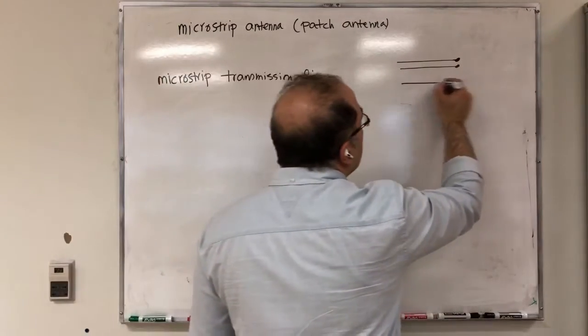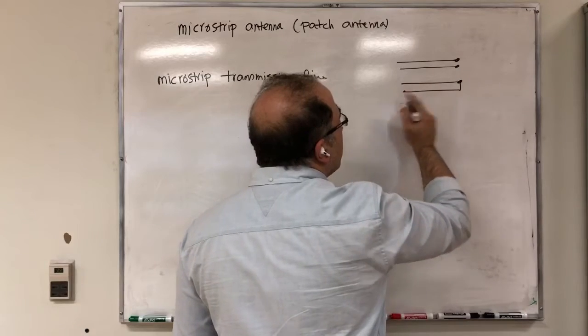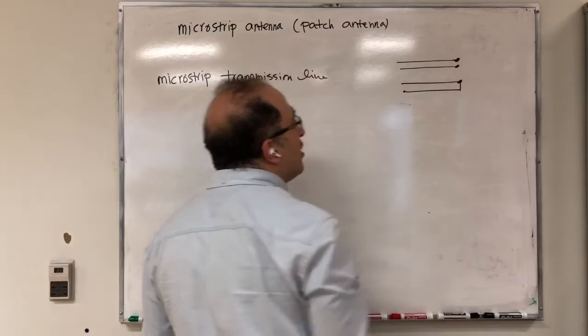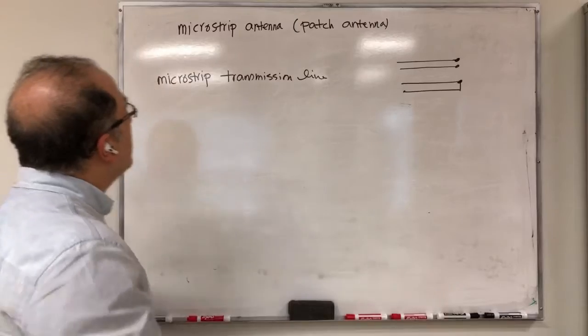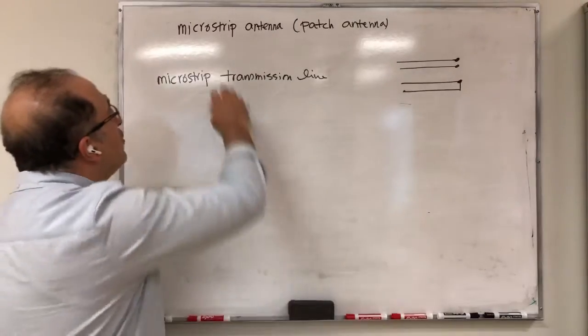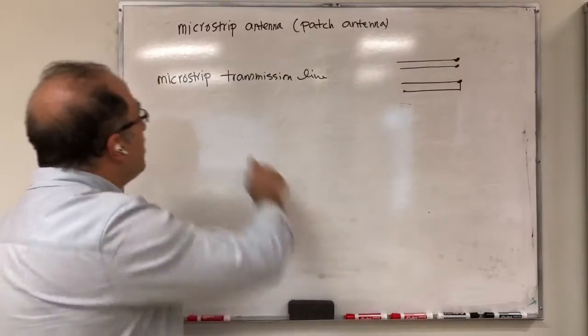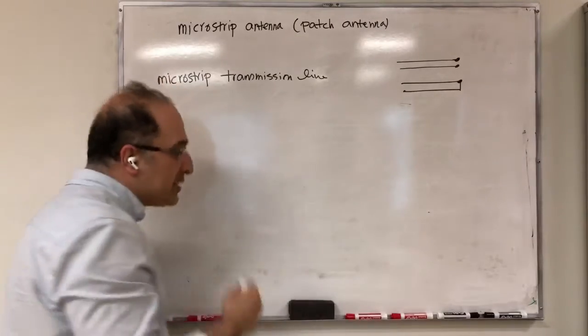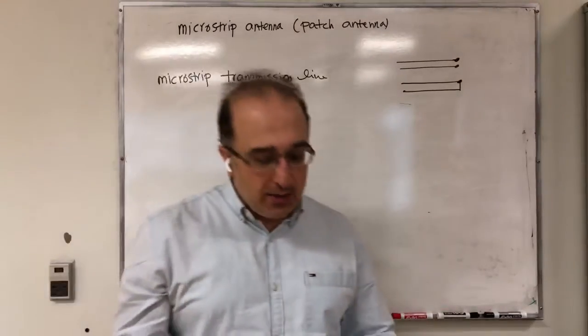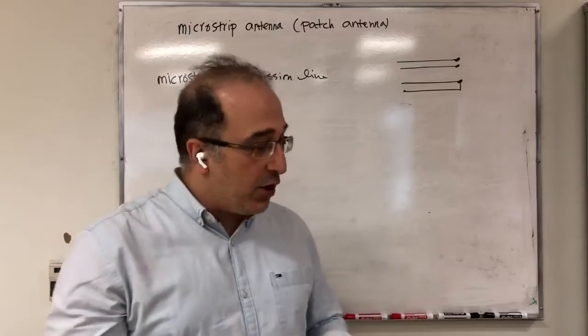When we talked about loop antenna, we thought of it as evolving from short-circuited transmission line. So it's very natural that when we talk about microstrip antenna, we think of microstrip transmission line first and then evolve that into the shape of the antenna that we want to study.